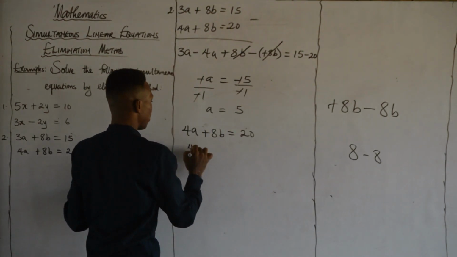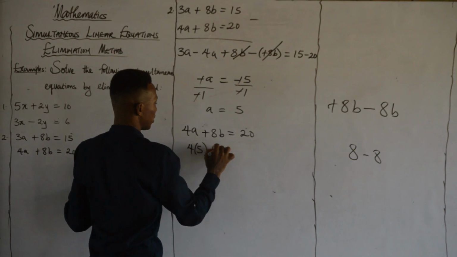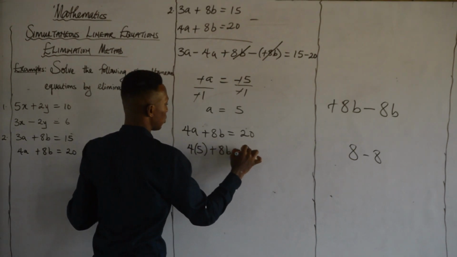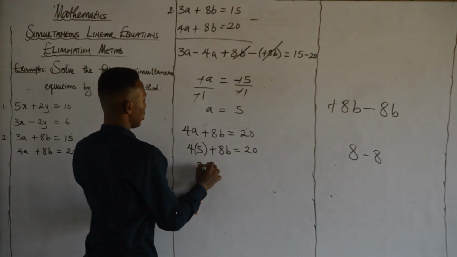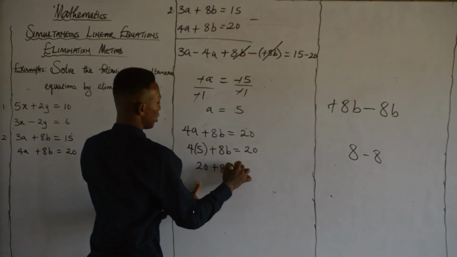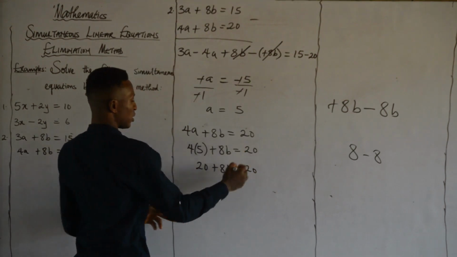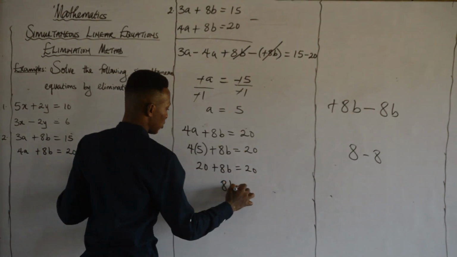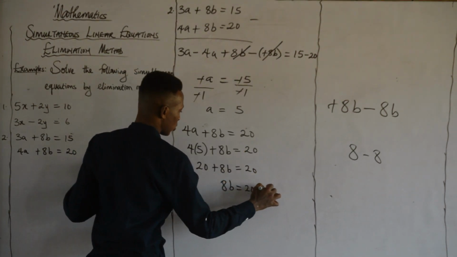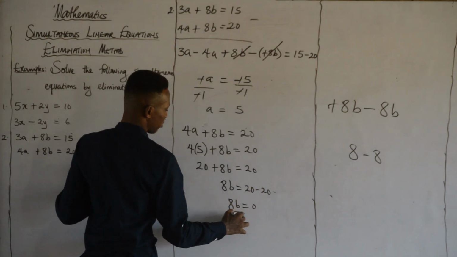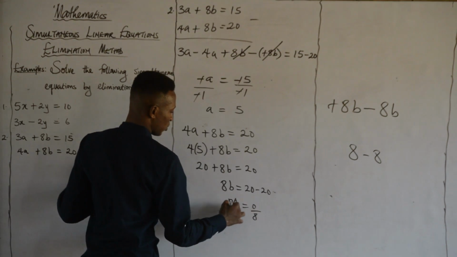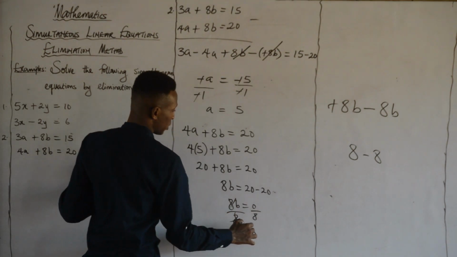So this becomes 4 into bracket 5 plus 8b equals 20. So in this case, 20 plus 8b equals 20. Collecting your like terms, 8b equals 20 minus 20. So we have 8b equals 0. Dividing both sides by 8, we have b equals 0.